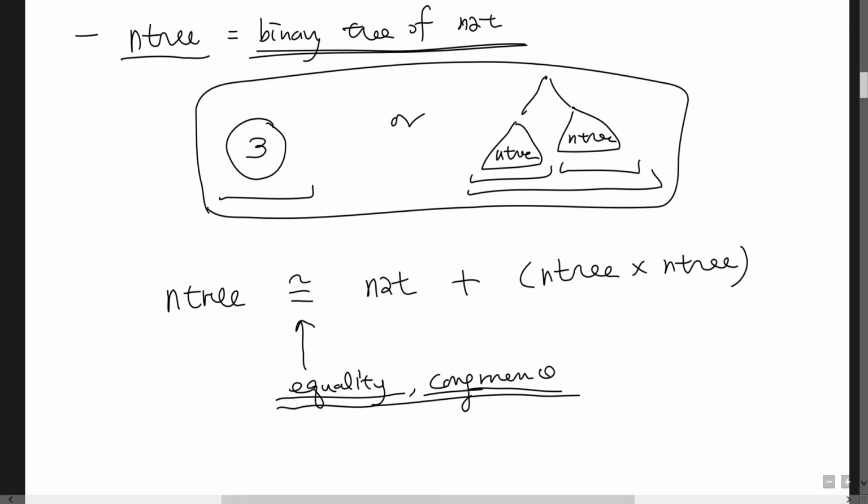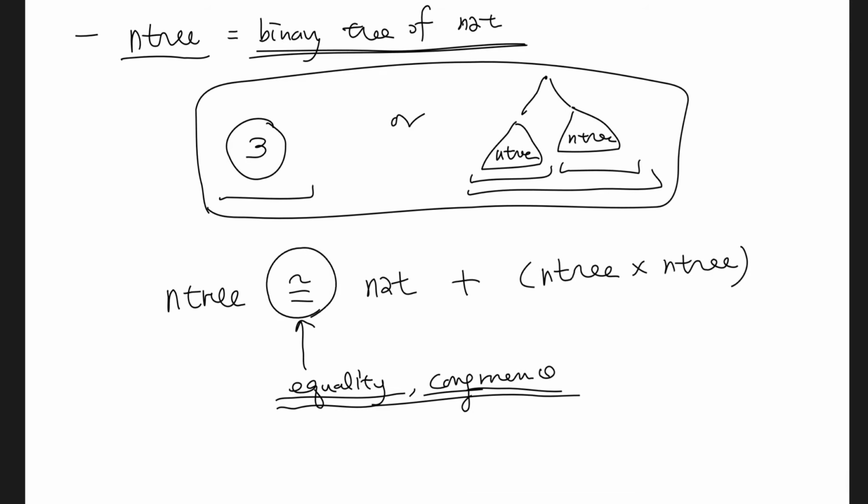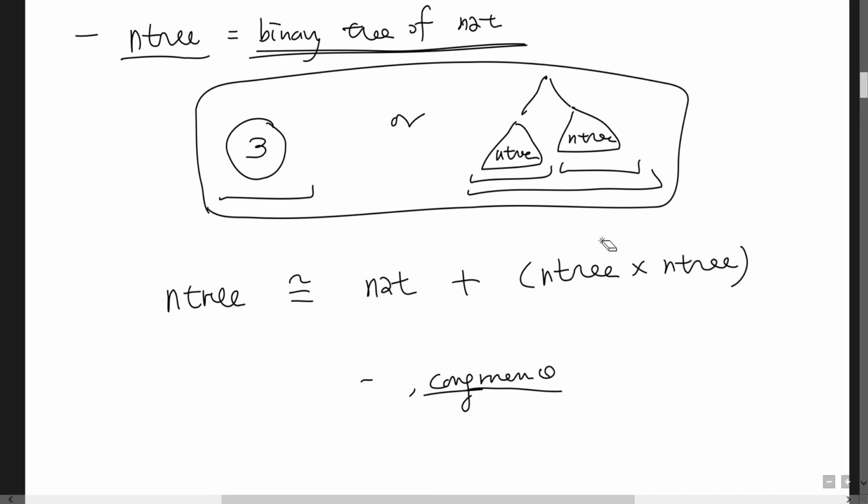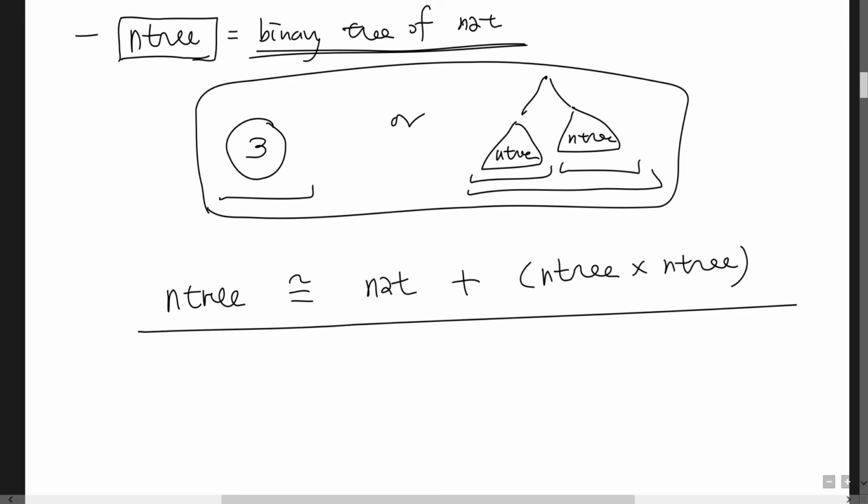Both options are fine because we are going to give how to interpret this equality or congruence later. So we can think of this recursive type net3 as a solution to this equation. Or we may assume that this recursive type net3 satisfies this equation.